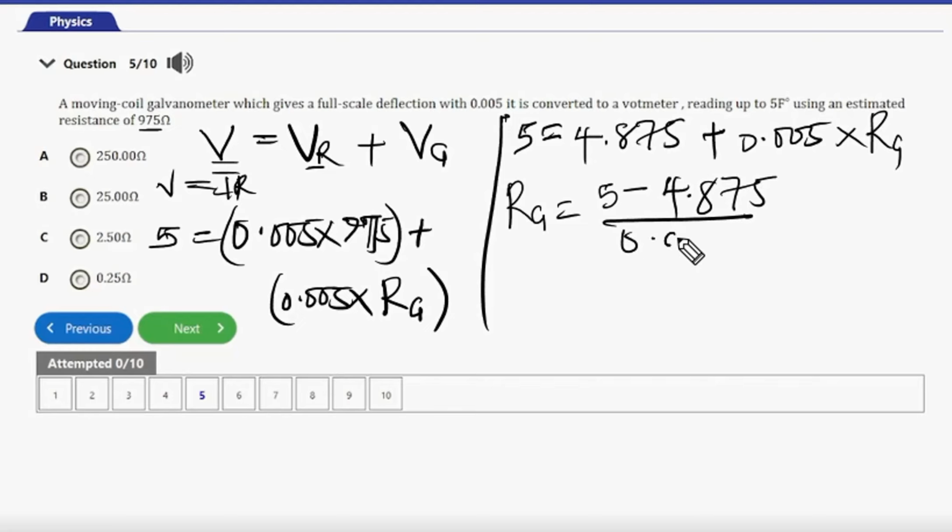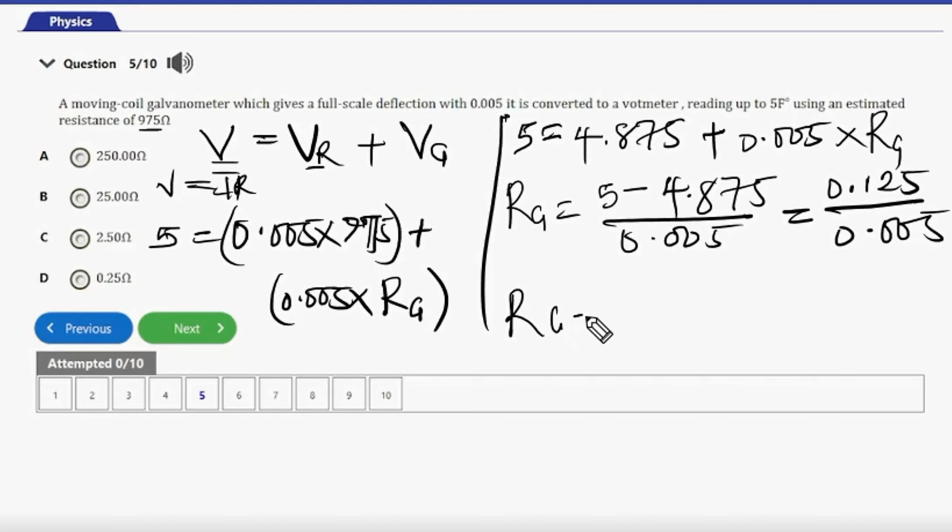So this will be 0.125 over 0.005. So in that case, RG is going to be, when you divide this, you're going to have 25. So that's 25.00 ohms here, and that's option B here. So guys, that's the answer to this question.